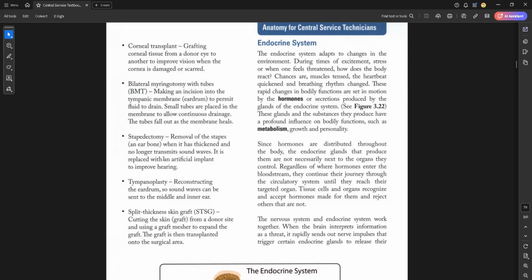Small tubes are placed. So these are some, then stapedectomy, and then we also have tympanoplasty. Remember, plasty is a suffix that means surgical restoration. Remember, we talked about hemiarthroplasty. So all these things are also there.